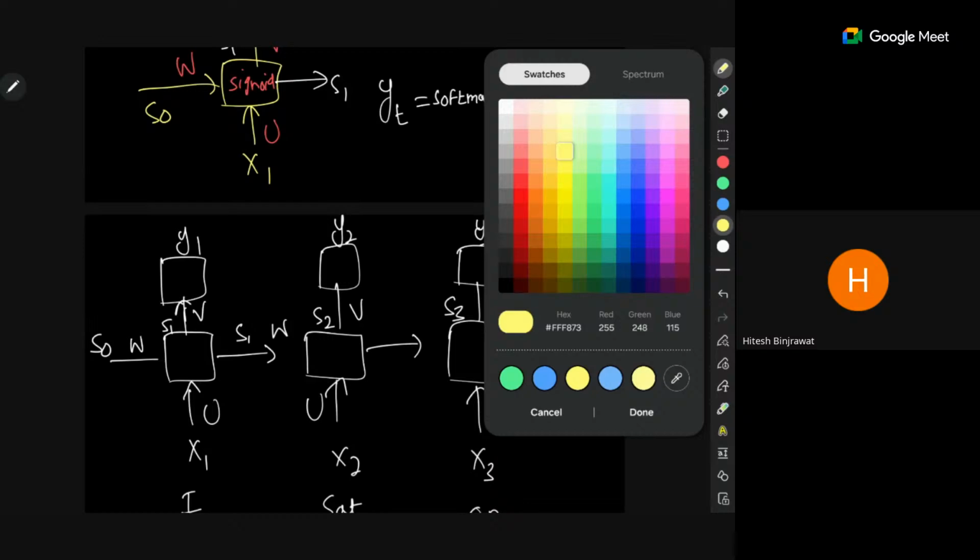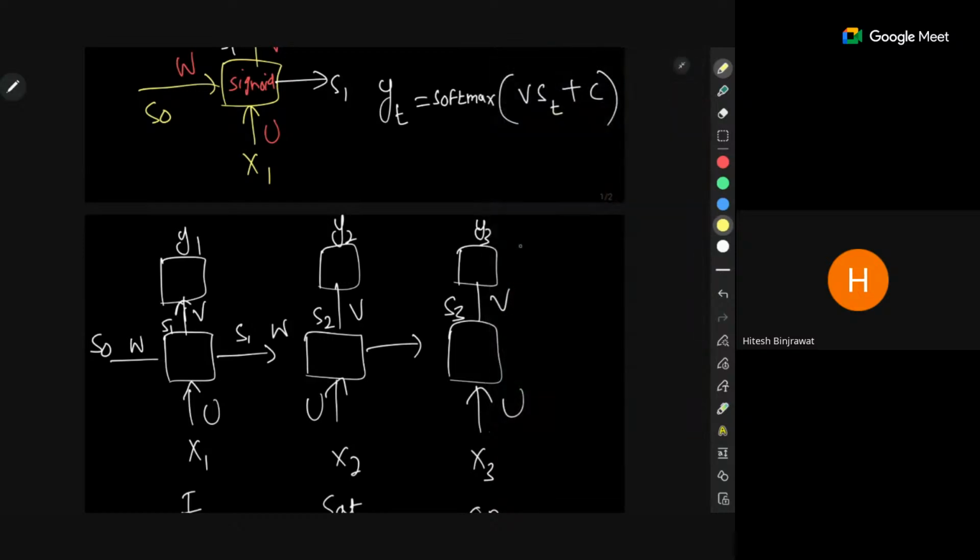Now let's see. From here I would have the predicted loss. If I have to go back, I'll first go to y3 hat, then I would go to s3, then from s3 I have to go to this W, right? So W is here, with respect to this W and s2.